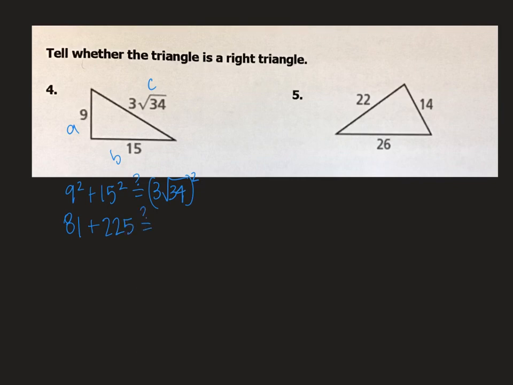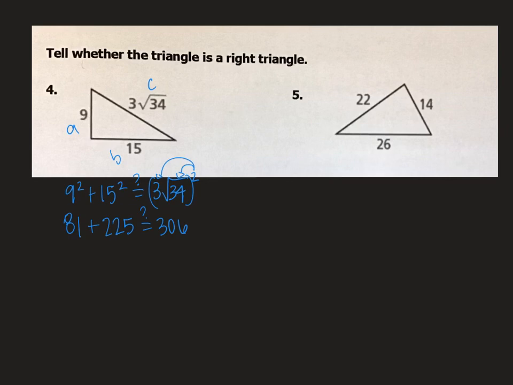Now, when we're squaring 3 times the square root of 34, we're squaring the 3, we're squaring the square root 34, and we're multiplying them together. You can plug that into your calculator all at once, but you have to make sure you put the 3 square root 34 in parentheses. If you don't, it's only going to square the 34. So when we square that, we end up with 306.